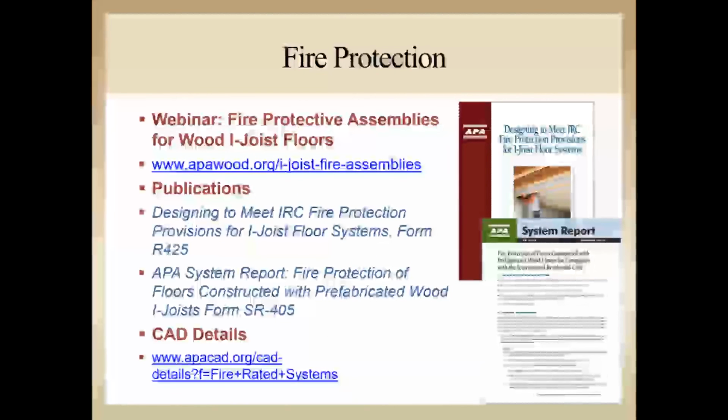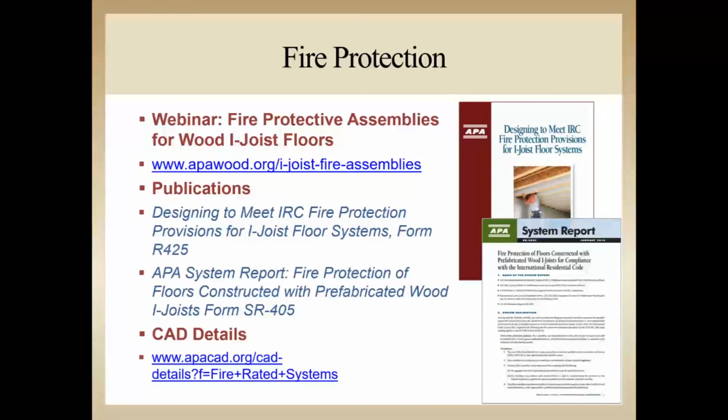Now just a note on fire protection. Both the 2012 and 2015 versions of the International Residential Code include fire protective membrane requirements to enhance the fire performance of residential floor systems. APA has a wealth of information about designing I-joist floor systems to meet the IRC requirements, including a recorded webinar you can watch online, as well as downloadable publications and CAD details.